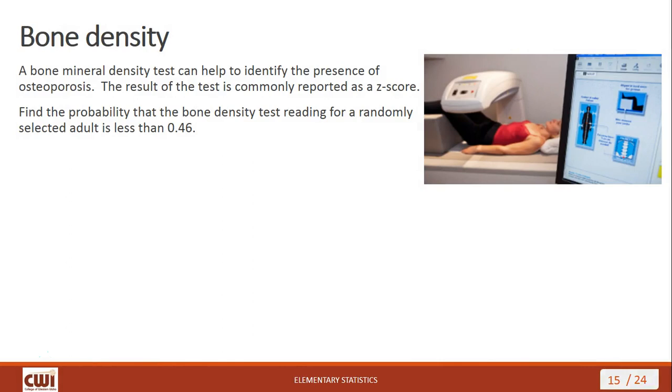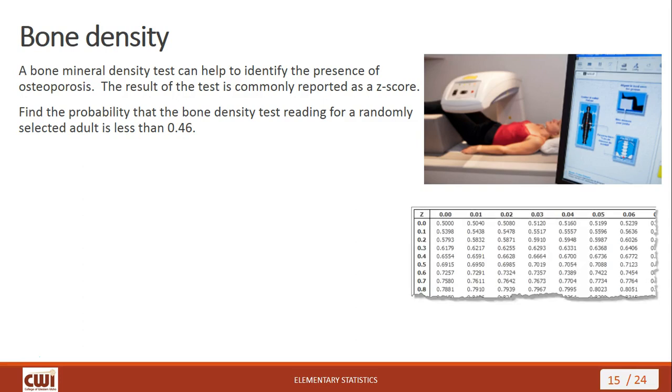Let's look at an example where this is actually used in the real world. So you can take a bone mineral density test to help identify the presence of osteoporosis. The results of this test are commonly reported as z-scores. So we're asked to find the probability that the bone density test reading for a randomly selected adult is less than 0.46.